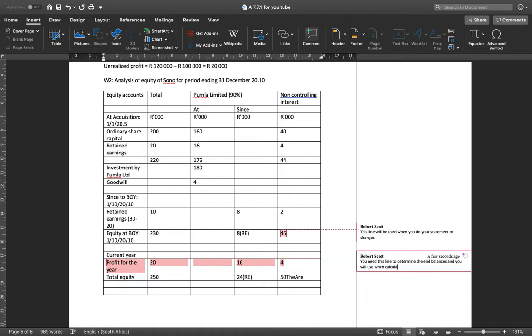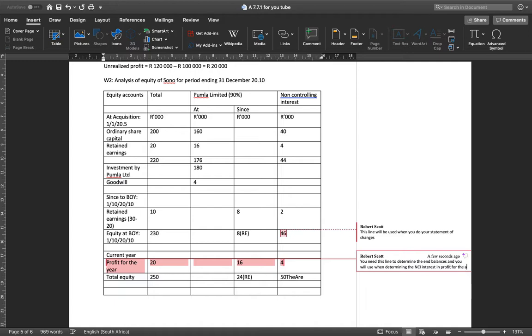So now this line that we're looking at right now is going to be used in the analysis of the parent and of the group's equity, including the non-controlling interest at the foot of the statement of profit or loss.